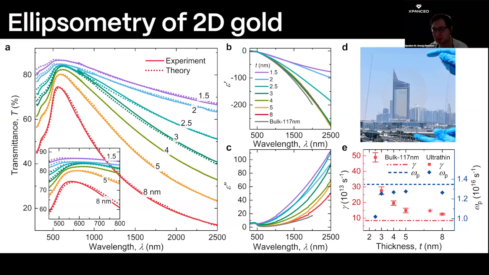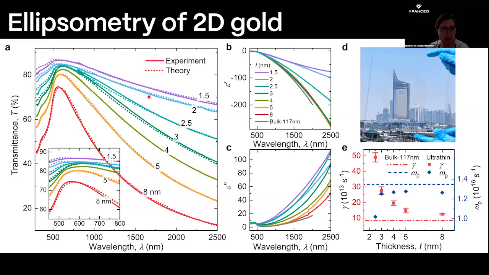However, the damping factor of the Drude oscillator is increasing, because when we decrease the thickness, the scattering from the surface of the film starts playing a major role, because it's starting to be comparable to the free mean path of the electron.